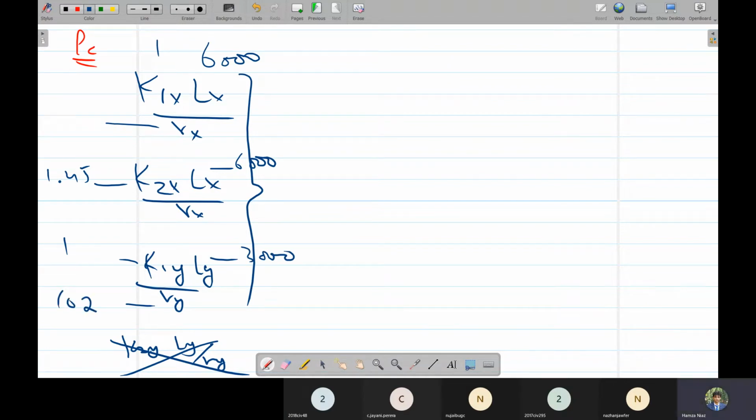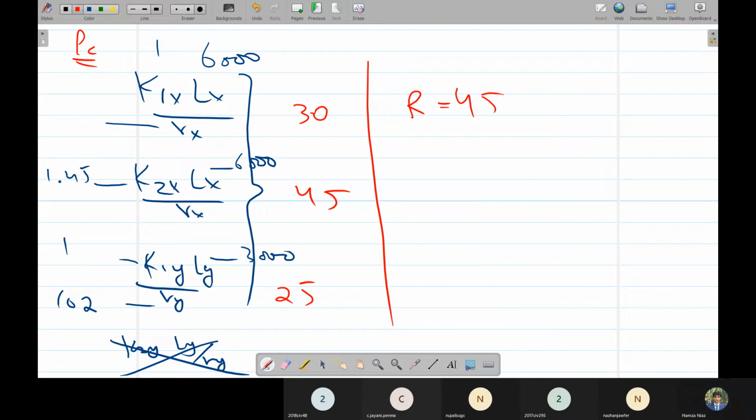So we can calculate the slenderness ratio in these three cases. For example, this was 40, this was 45, this was 25. We are going to use the largest one, the slenderness ratio of our section.